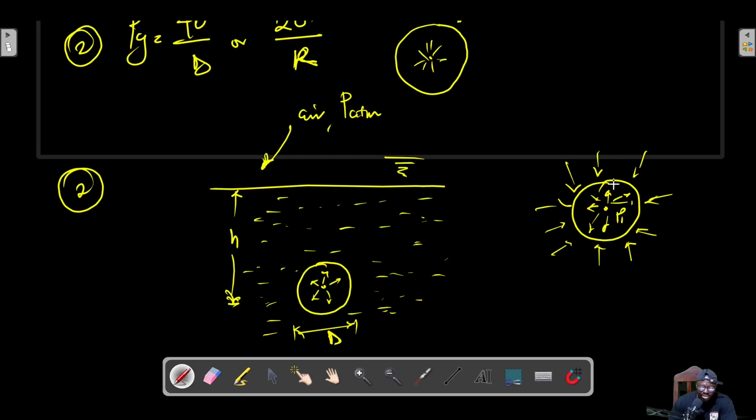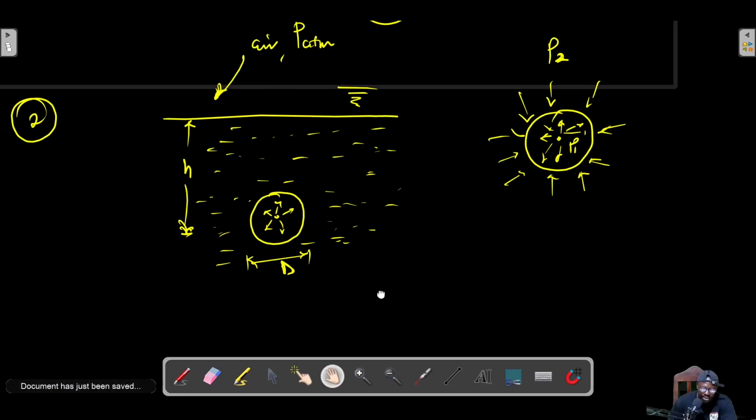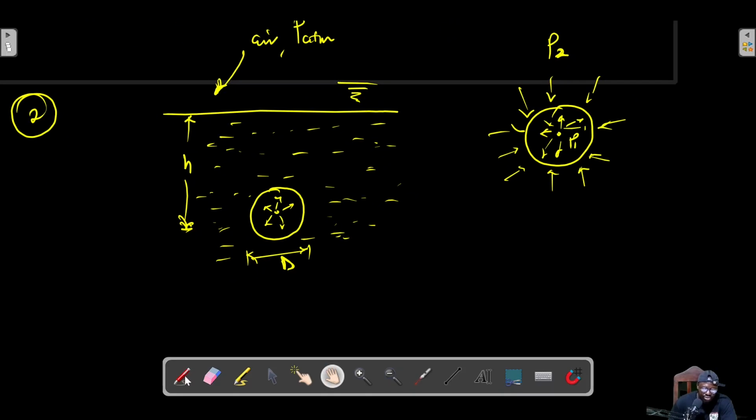Now the absolute pressure exerted on the outer curved surface area of our droplet filled with gas, I'm denoting with P2. Now, what do you think P2 is?